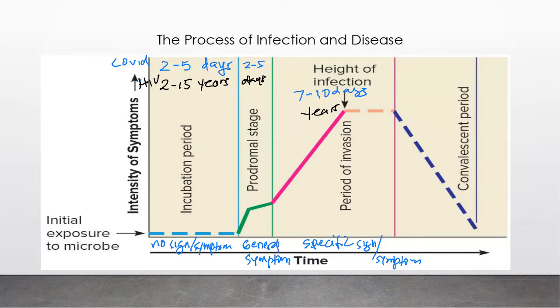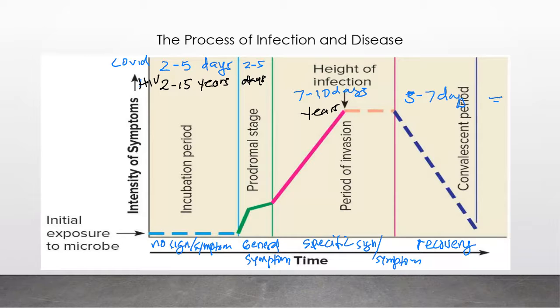Okay. And then after that, if our body is able to protect us again or fight against this disease, then there will be recovery. So the symptom and the signs will be reduced. Okay, so the disease is actually gone. So it's a recovery period for the COVID-19, maybe about 5 to 7 days.